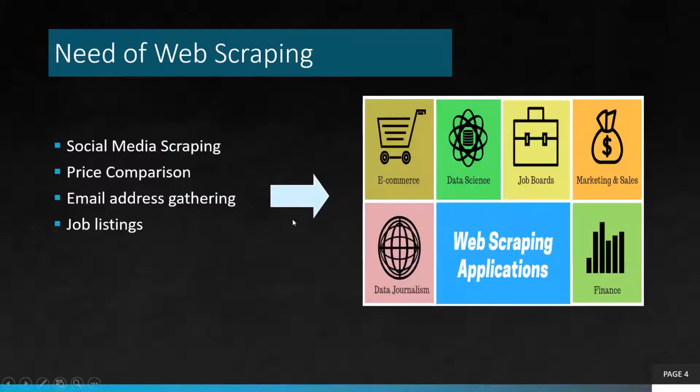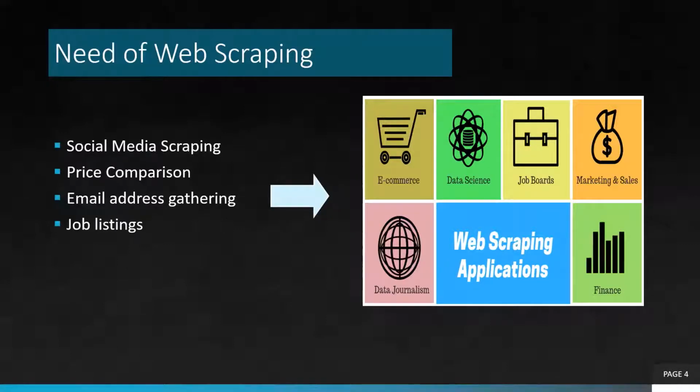And you can see that we can use web scraping in e-commerce, data science, job boards, marketing and sales, data journalism, and finance as well. So basically, in data science, we have done projects in our community, right? So we had used data sets. The data sets we used were from Kaggle, which were already prepared, right?